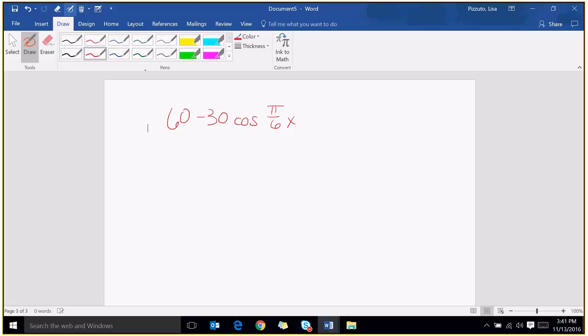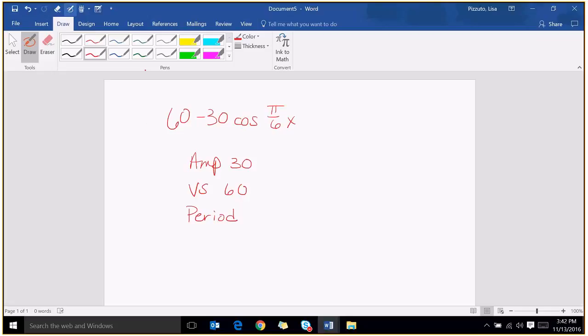So we know the amplitude is 30, right? We know you have a vertical shift of 60. What's your period? 2 pi over 30? Nope.